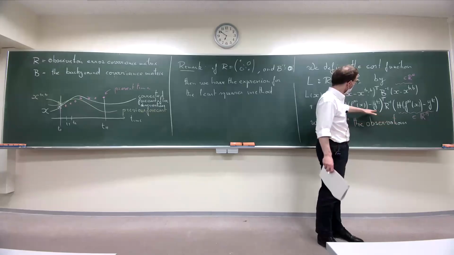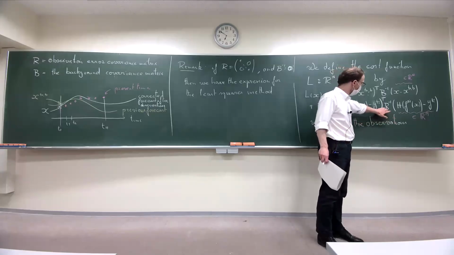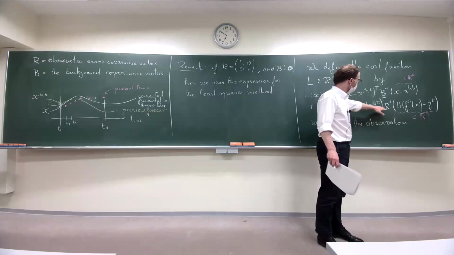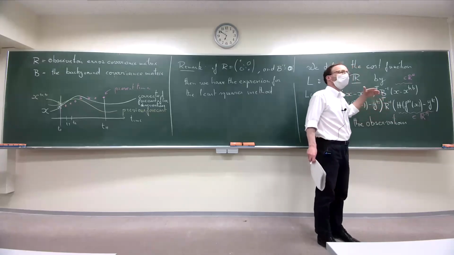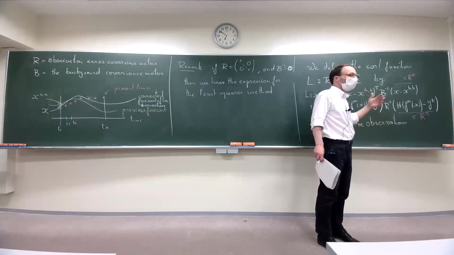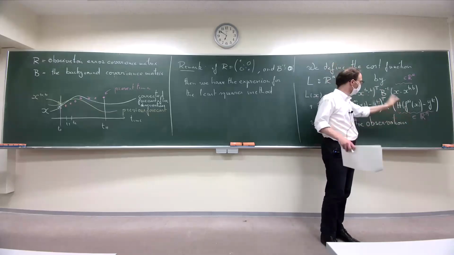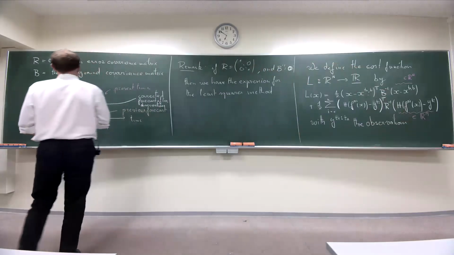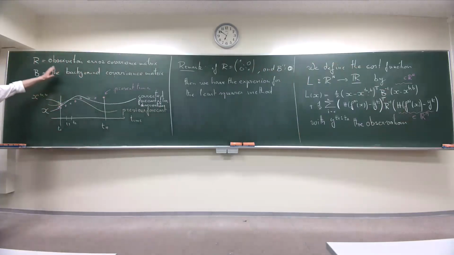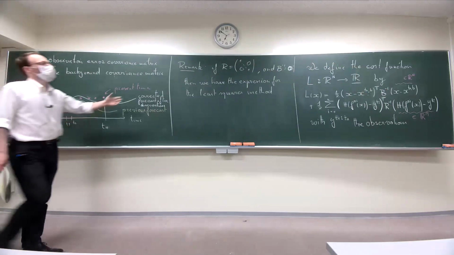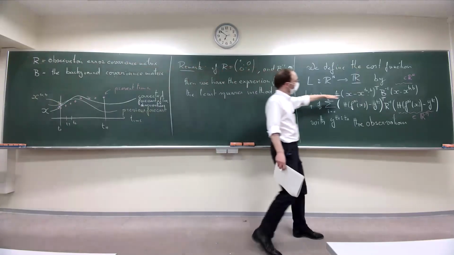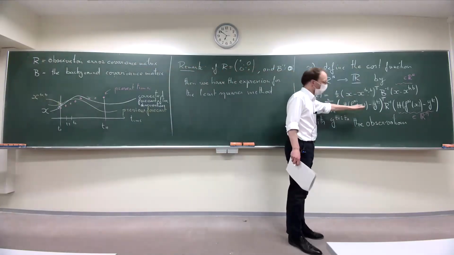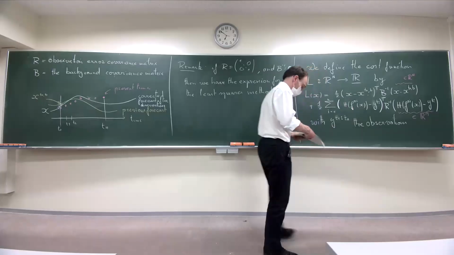And since it's a matrix, some components may be more reliable than others. You have a lot of freedom, depending on what you want to study. By tuning R or B, you can put more importance on the initial condition or on your observations.